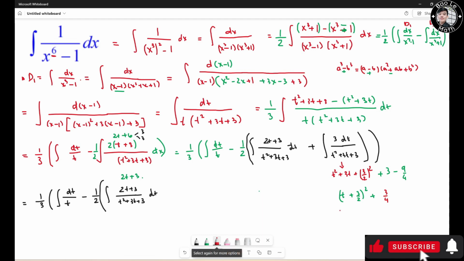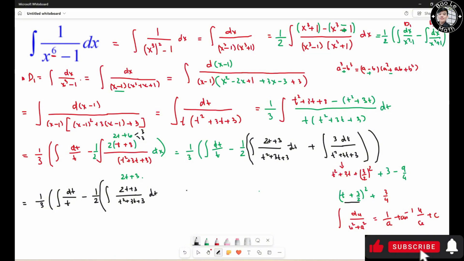So you have the formula. If you need to take the antiderivative of du over u squared plus a squared, it's going to be 1 over a tangent inverse of u over a plus c. Alright, u in this situation is going to be t plus 3/2, right?